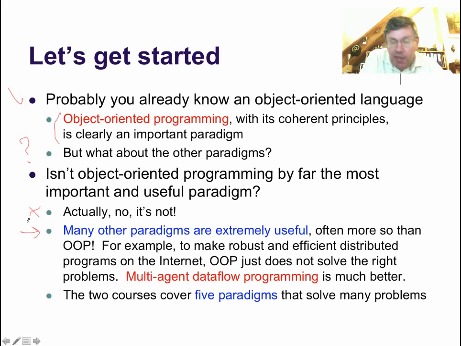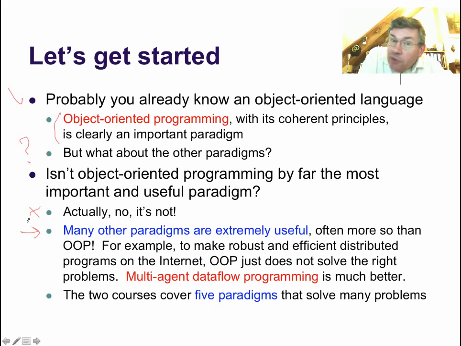For example, if you want to make a robust and efficient distributed program running over the internet, object-oriented programming just does not give you the right tools to solve the problem. You have many kinds of things you need to do: synchronization, you have to coordinate things, communication, there's asynchronicity, there's latency, and so on.